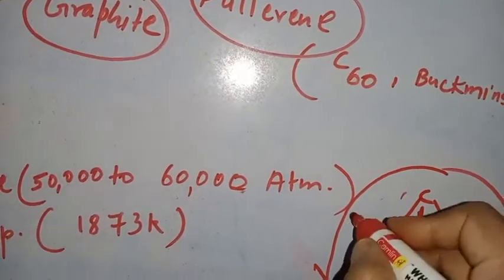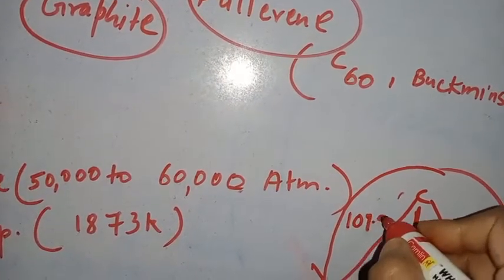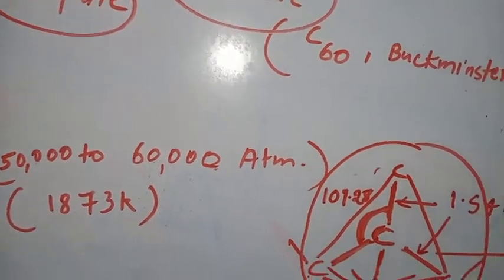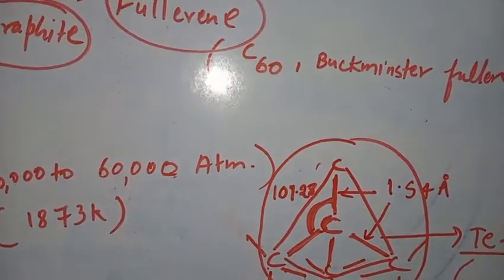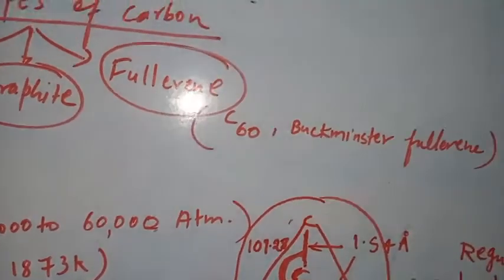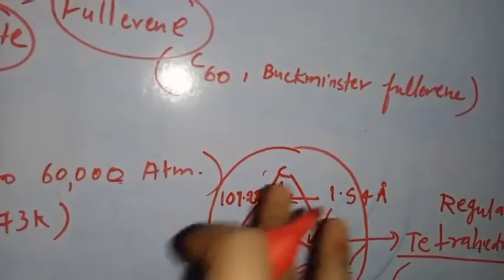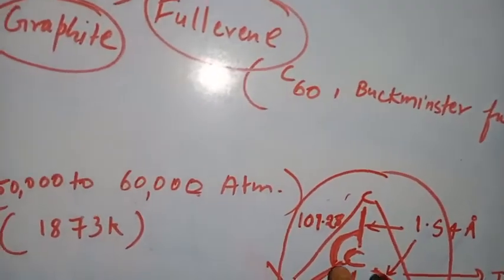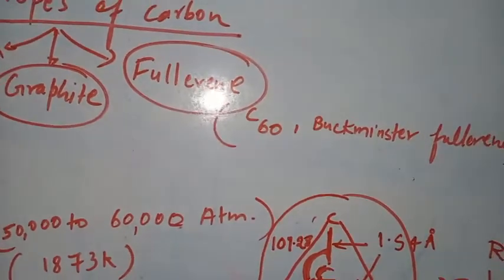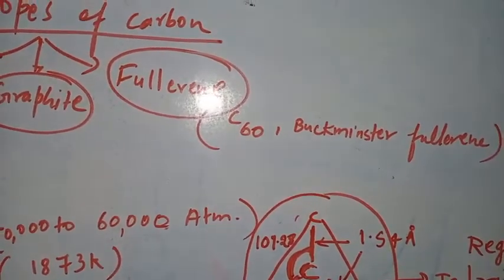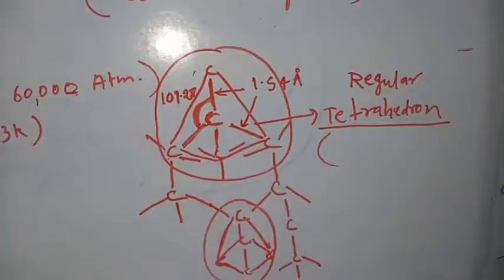It is about 109.28 degrees, or you can say 109 degrees 21 minutes. You should also know that in the regular tetrahedral structure, the bond angle will always be 109.28 degrees. Understood? So that's how the structure of diamond is.